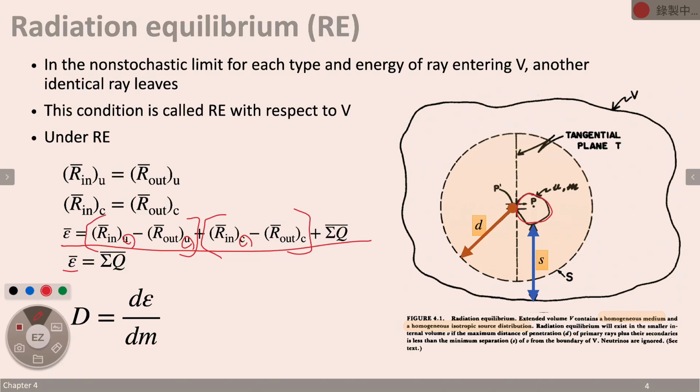So of all of this equation only this one is left. And we will say that the radiation equilibrium exists. Okay? But first we must make sure of the four conditions in the previous slide. Okay? Alright.